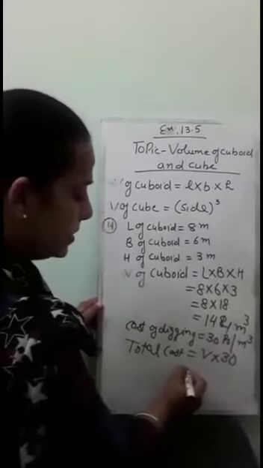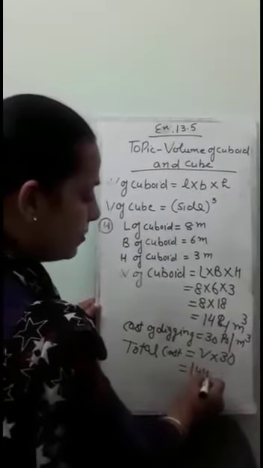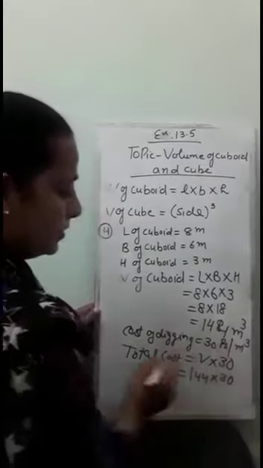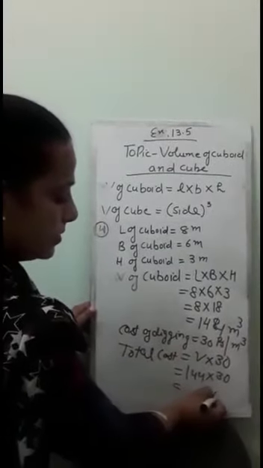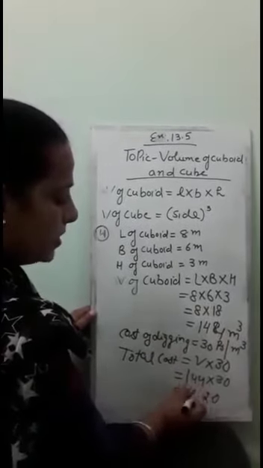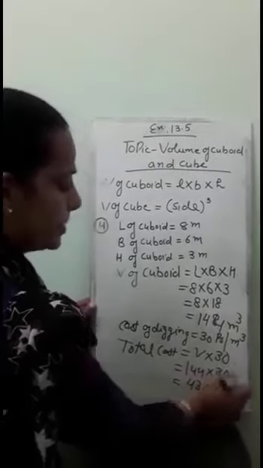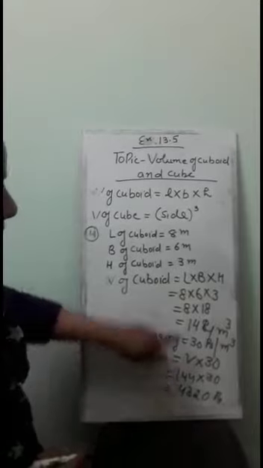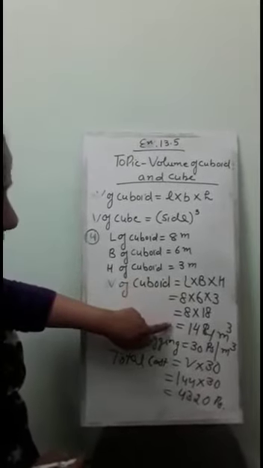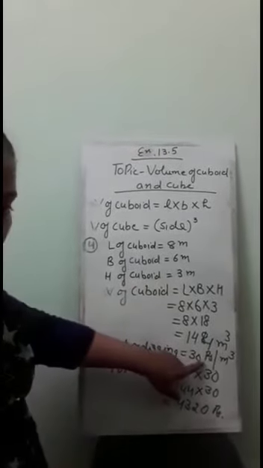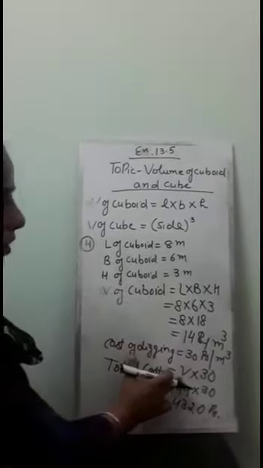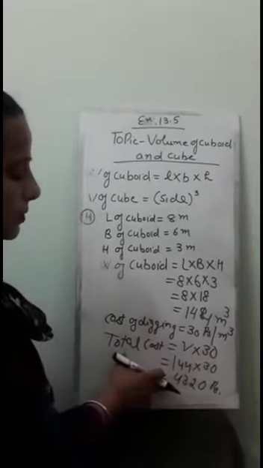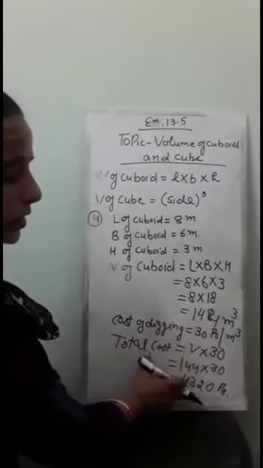Here this is 144 into 30. Your answer is 4320 rupees. Find the volume L into B into H. Then cost of digging is 30 rupees. If you multiply volume with 30 rupees, your answer will be the total cost of digging, 4320 rupees.